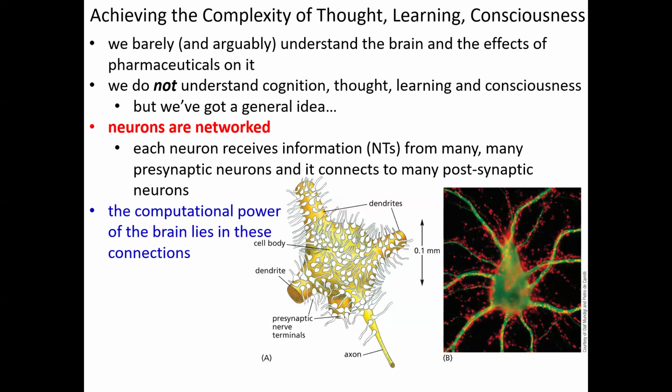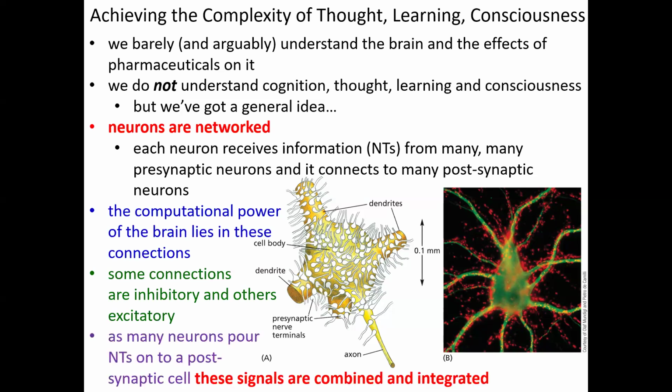And so what makes the brain so capable is not the architecture of the individual neurons, but the patterns of the connections between them and the signals that are conveyed through the firing and not firing of presynaptic neurons. And the added layer of complexity is that some of those are inhibitory and others are excitatory.